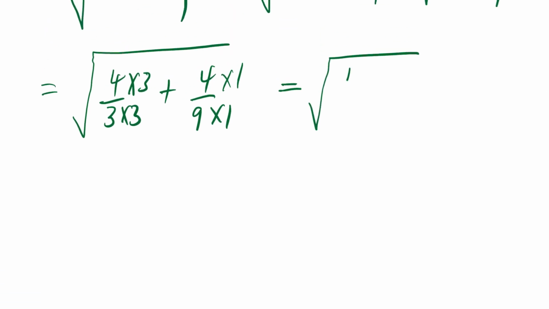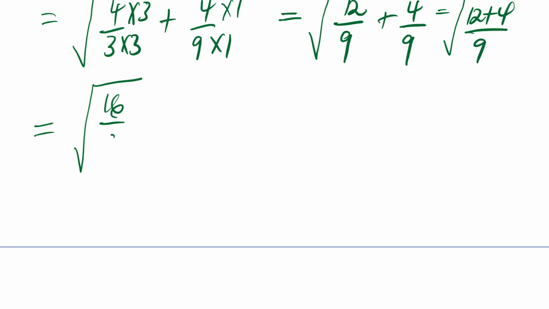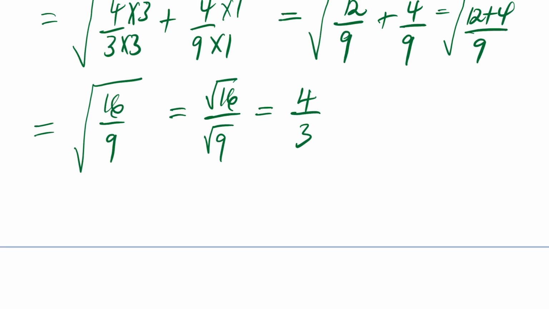This is going to be 4 times 3, it's 12, and 3 times 3 is 9, plus 4 over 9. Now our denominators are the same, so I'm going to take one denominator. I'm going to have 12 plus 4, which is now 16 over 9, so it's going to be square root 16 divided by square root 9, where square root 16 is 4, and square root 9 is 3, right?